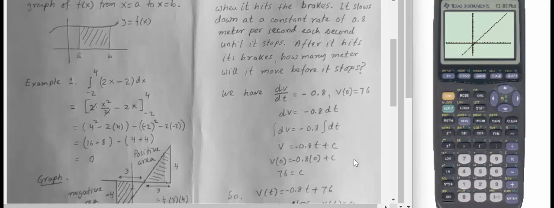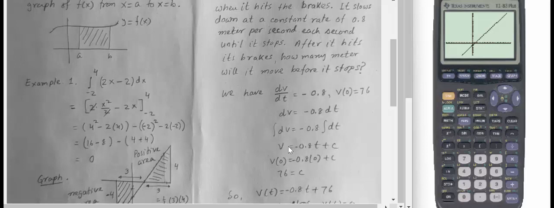Now, when you take the integral of both sides, you can easily understand that the integral of dv will be just v, and this one is negative 0.8. This is 1 here, that's why t. With respect to v, this gives you v, that one will give you t plus the integral constant.